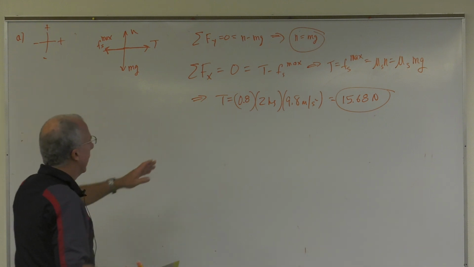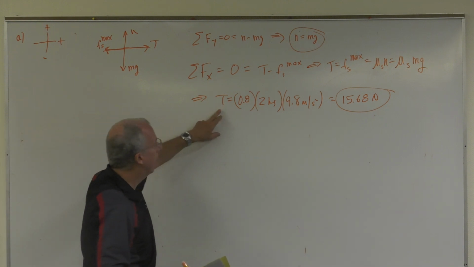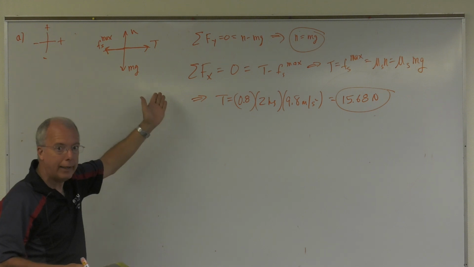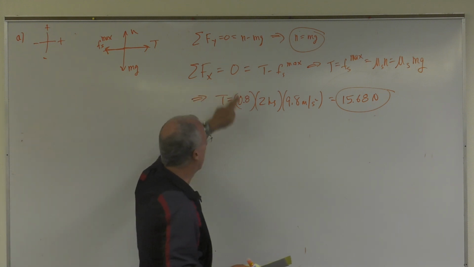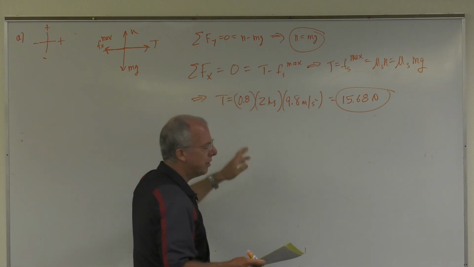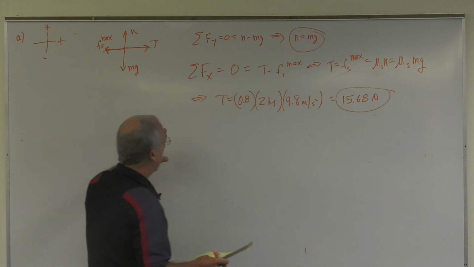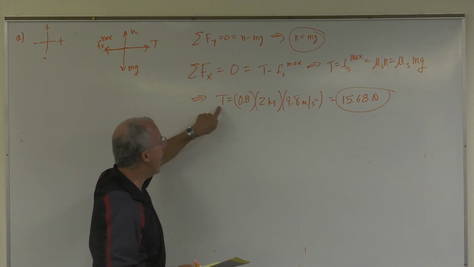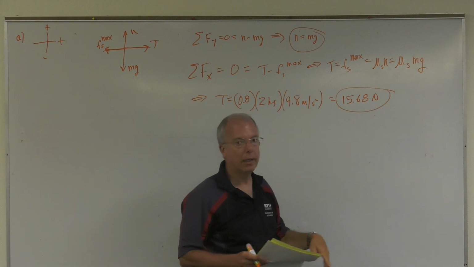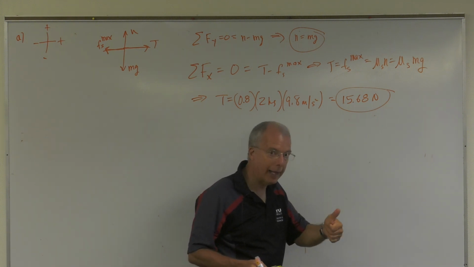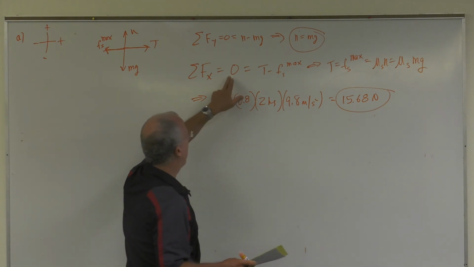Now this is the important thing. Look, at this tension, it's not going to move, right? Because we set the forces equal to 0. So at this tension, it's in equilibrium, right? But if the tension is greater than 15.68, it's going to move, okay? That's the important thing. That's why I put this equal to 0.